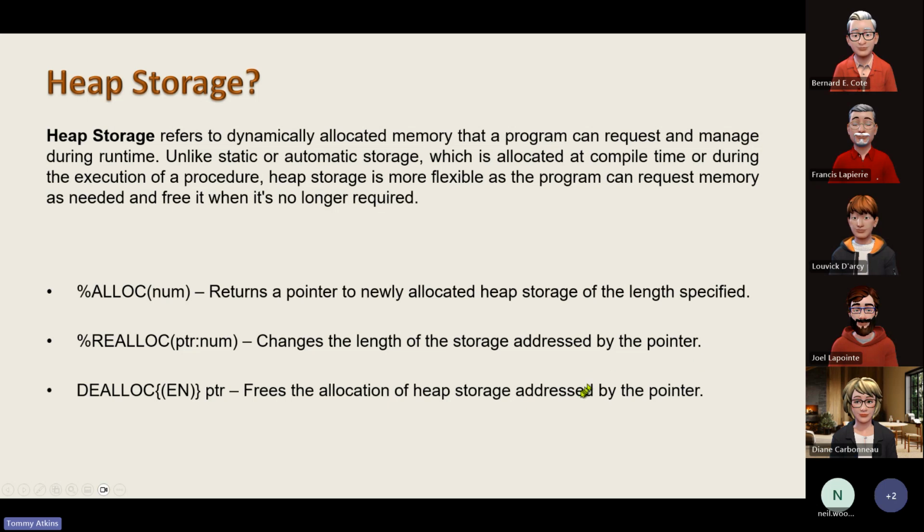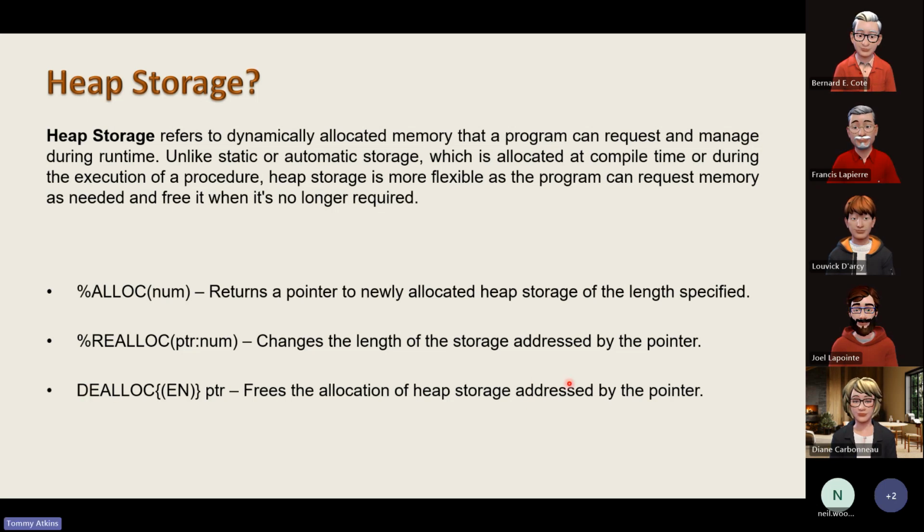And for some very strange reason, you have to use the dealloc opcode to free the allocation of heap storage addressed by the pointer. There's no %free function. It's the strangest thing I've ever come across, because I saw alloc, realloc, and I was looking for %free, and it wasn't there.